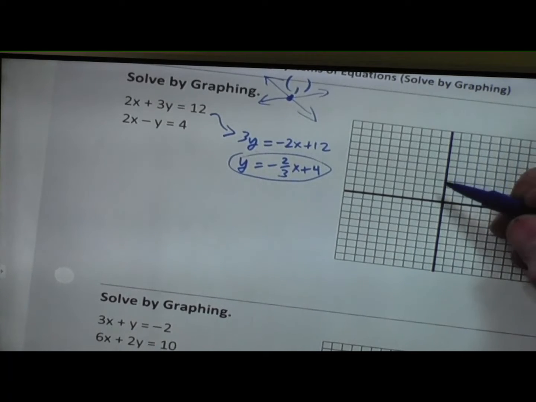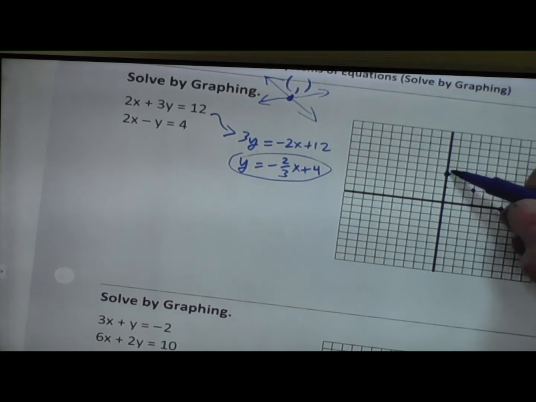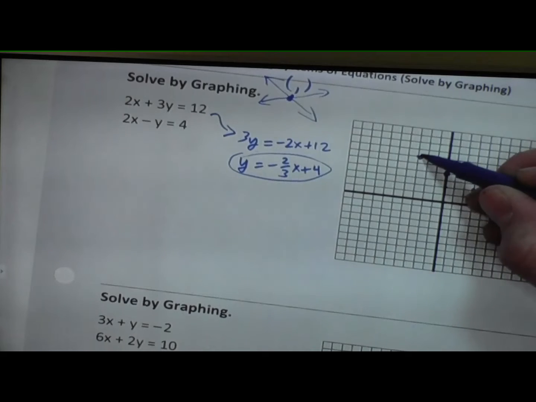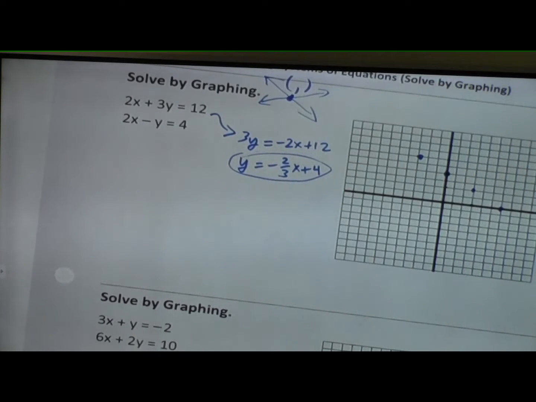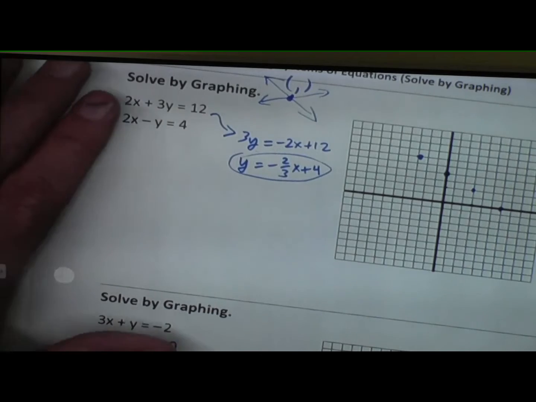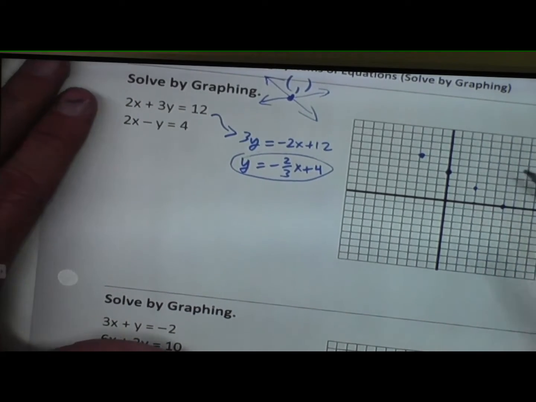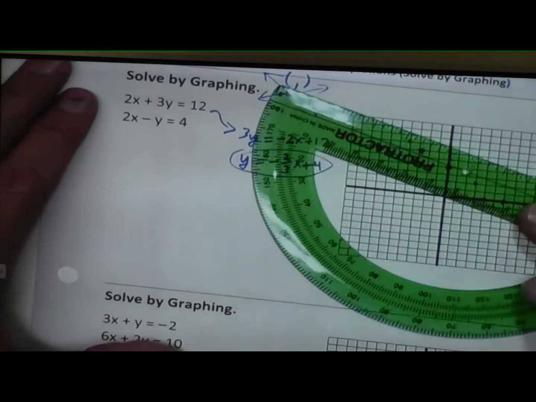So you can follow along for this one, and then I'll do the other one in a moment. -2 and 3, -2 and 3, 2 and -3. And that means this is one line.